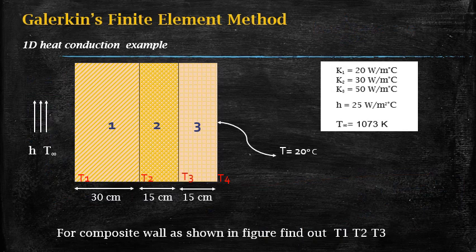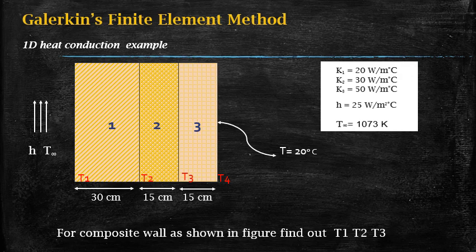Now we will move towards solving a simple problem, which is a one-dimensional steady-state heat conduction problem. The problem is quite simple. It is a problem of a composite slab, which contains three different slabs having three different thermal conductivities K1, K2, K3.